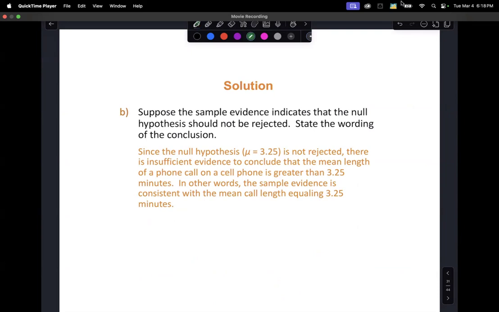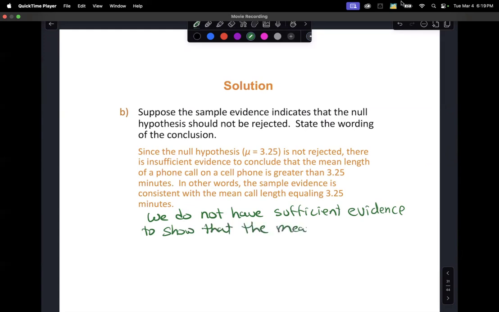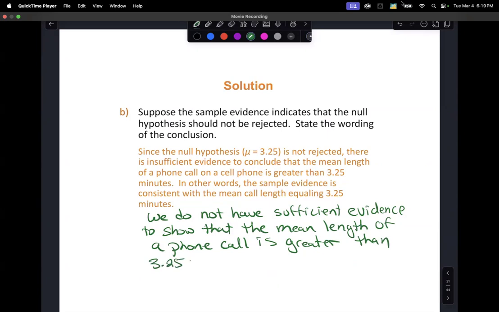Here's the way that I would write it. We do not have sufficient evidence to show that the mean length of a phone call is greater than 3.25 minutes, sorry.